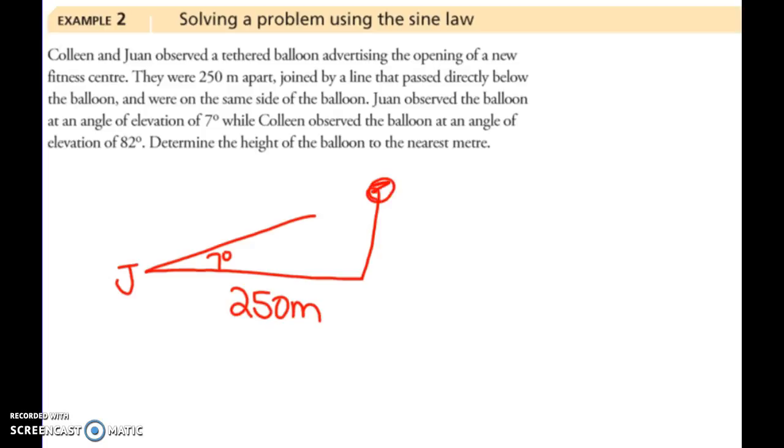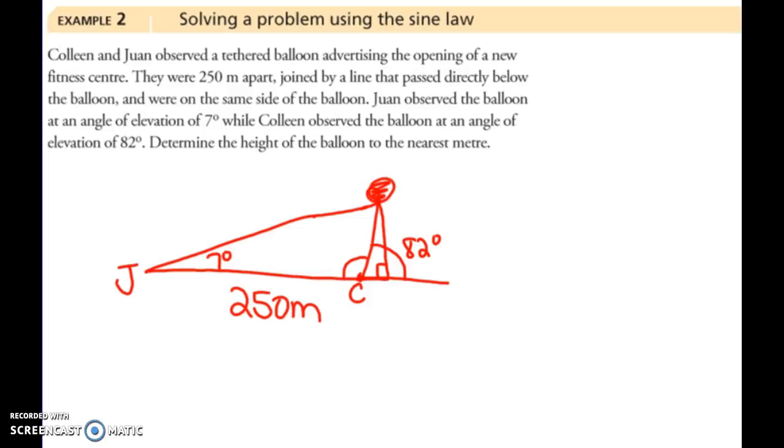Here's the balloon. So this is Ron, this is Colleen. This is 82 degrees.